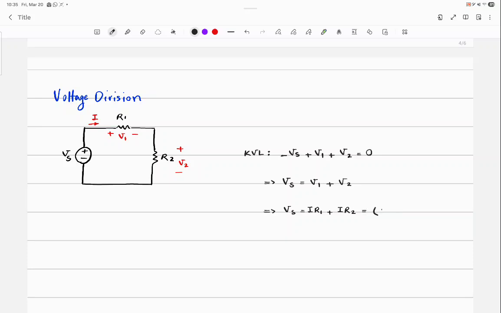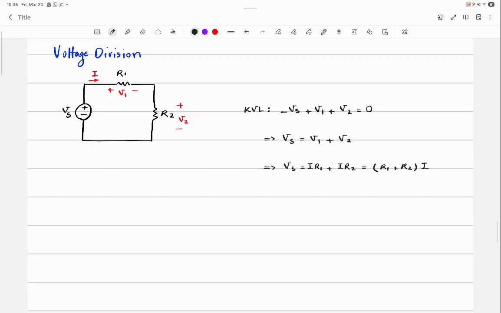And it's equal to R1 plus R2 times I. So from here, you can say that I is equal to Vs divided by R1 plus R2.